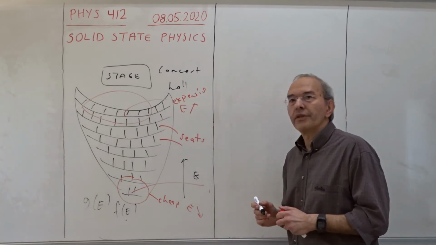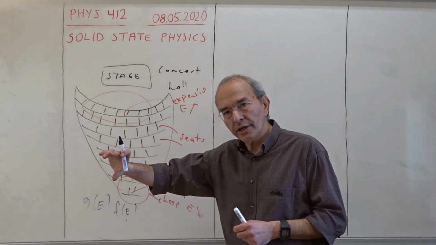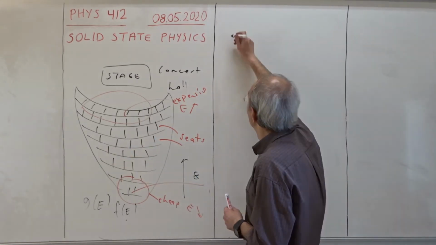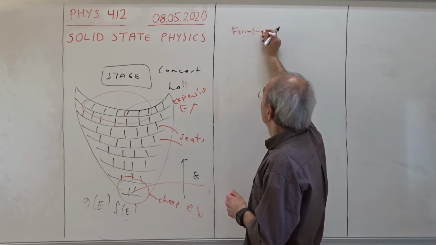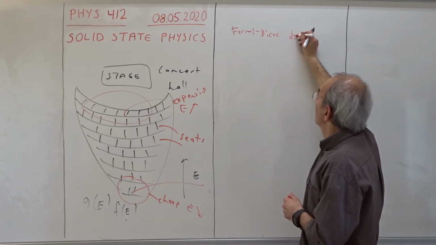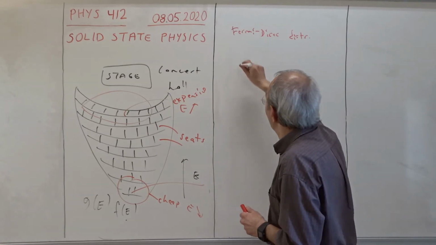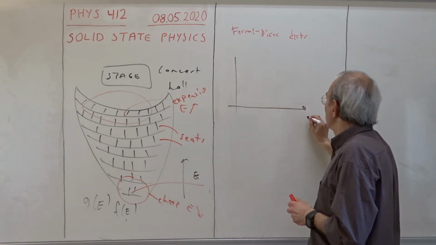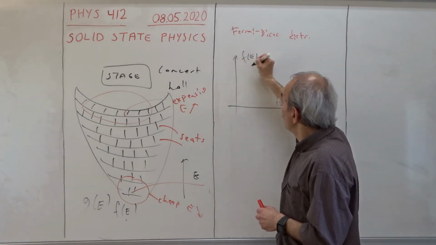For the Fermi-Dirac distribution, remember that we have drawn a rectangle first. Fermi-Dirac distribution revisited. Now it will be drawn as, this is the energy axis, that is the F of E axis.